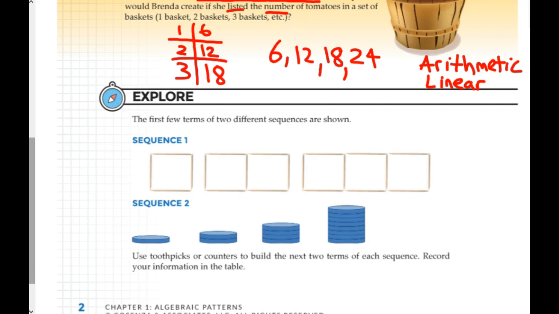sequence 1. Now, we got these 2 examples, all right? And the first one, what are these things called? Toothpicks. So those toothpicks are making a square, right?